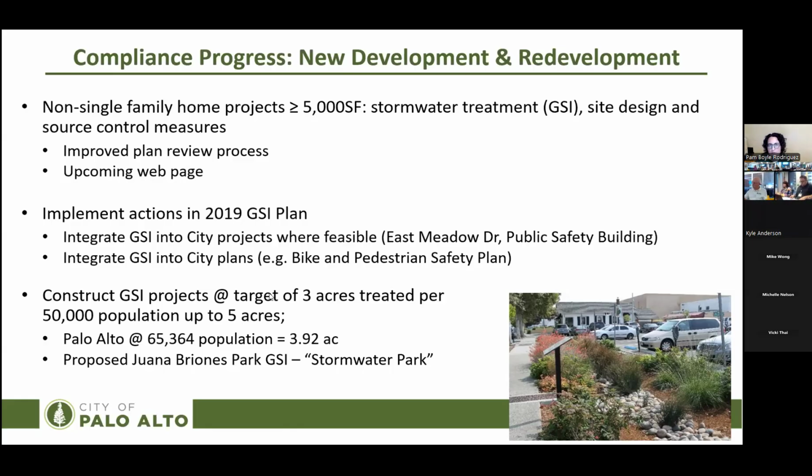And we found a way through the EPA permit to propose something at Juana Briones Park. And we are moving forward with, hopefully we'll go to council before the end of this calendar year to request to approve the contract and start the design for this project.